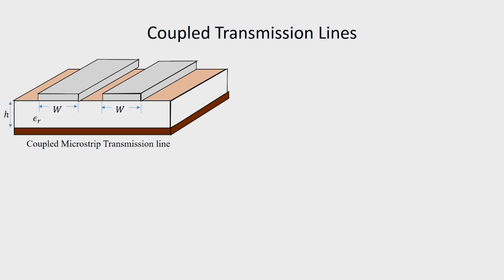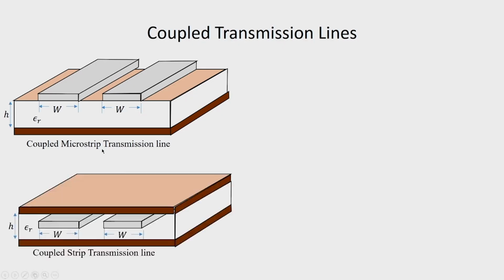We go to another form of transmission line, which is a coupled transmission line, and this type of line is extensively used for designing filters. Here we have two microstrip lines, they are separated by a distance and they get coupled.